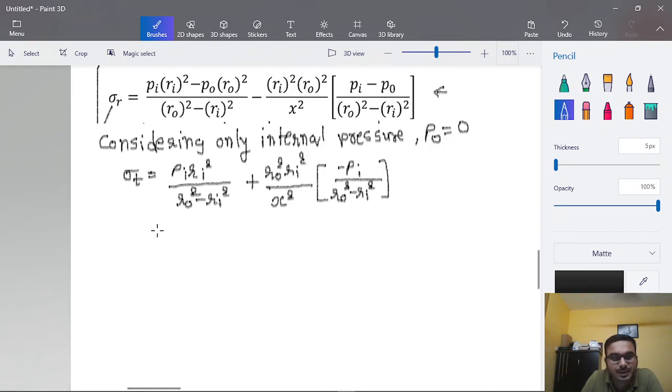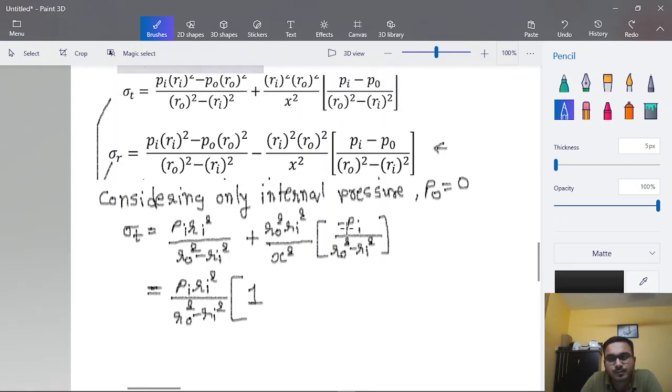Taking the common terms outside, Pi Ri square divided by Ro square minus Ri square into 1 plus, actually I think it will be, why I have written minus here, this is wrong, now it is correct, plus Ro square upon x square. So this will be sigma T.